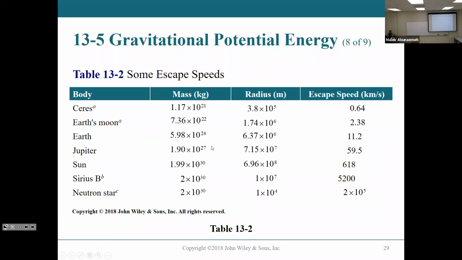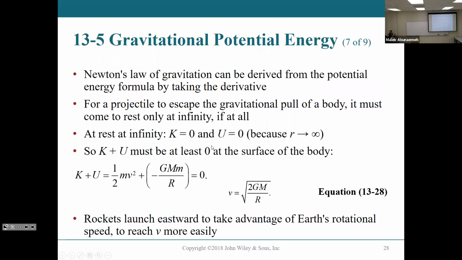For your gravitational potential energy, Newton's law of gravitation can be derived from the potential energy formula by taking the derivatives. For a projectile to escape the gravitational pull of a body, it must come to rest only at infinity. At rest at infinity, your kinetic energy is going to equal 0, and your potential energy is going to equal 0 because your radius is going to infinity.